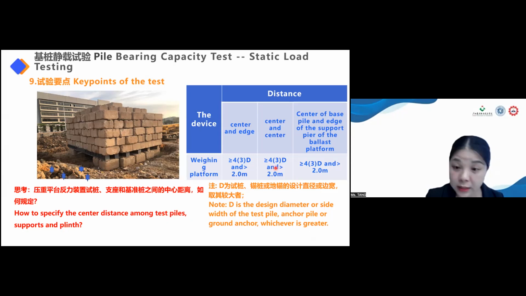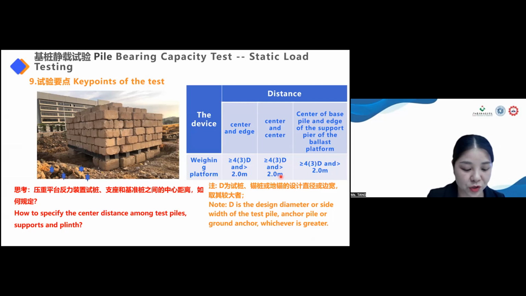3 diameters and no less than 2 meters. The distance between the test pile center and the benchmark pile center is no less than 3 diameters and no less than 2 meters.